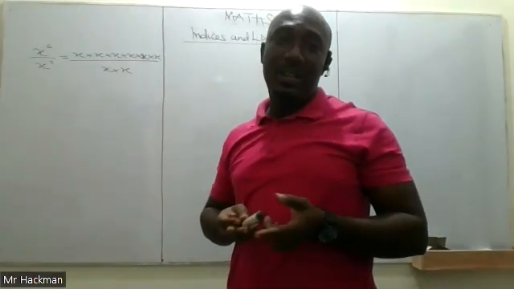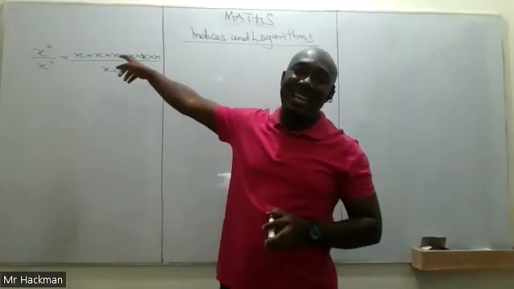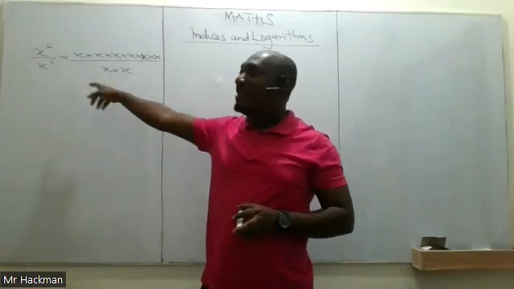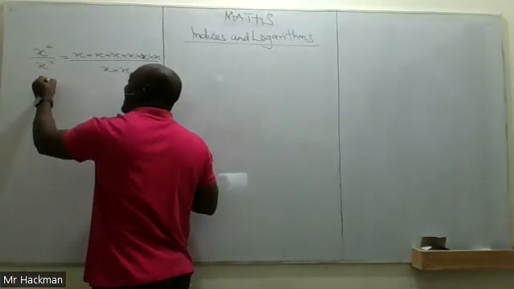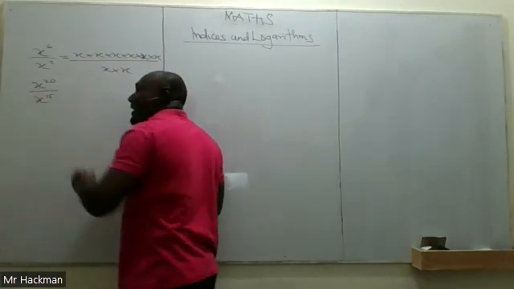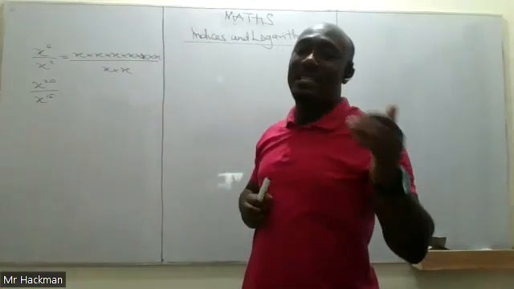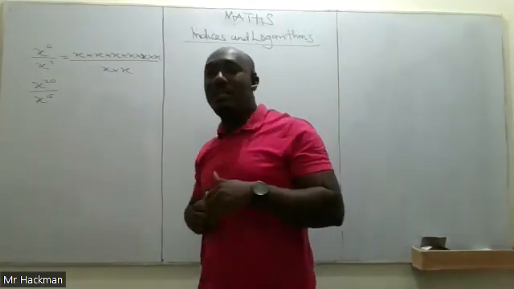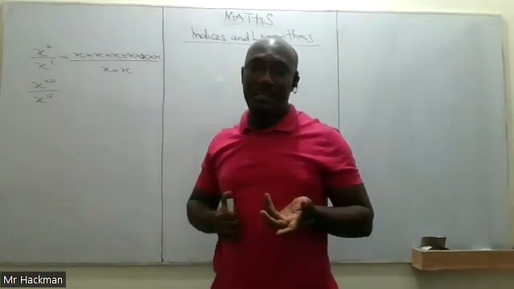Okay. However, if your power is 100, does that mean, if I have x to the power 100 or even 20 over maybe x to the power 15, that in the numerator I'm going to write x multiplying itself 20 times, then the denominator x multiplying itself 15 times before I start calculating?